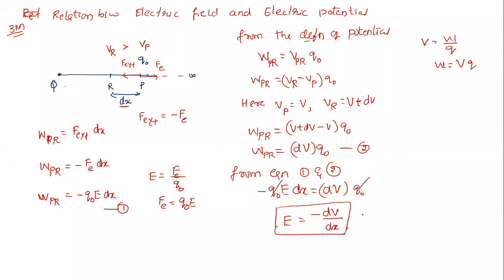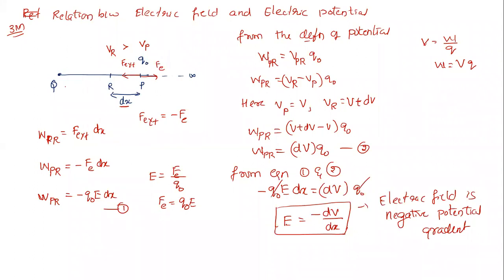From this, I can conclude that electric field is the negative potential gradient. When we say potential gradient, it means anything that changes with respect to distance is called a gradient.